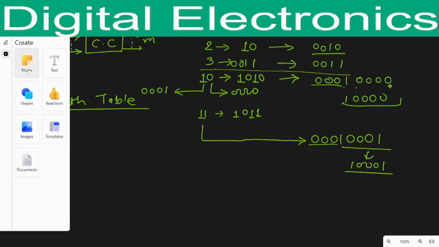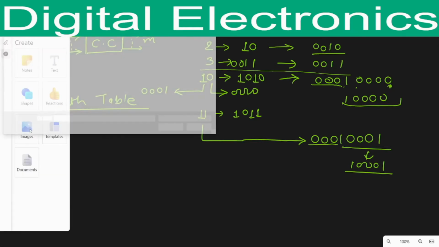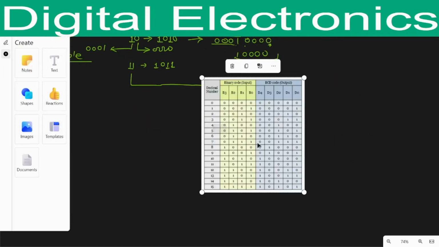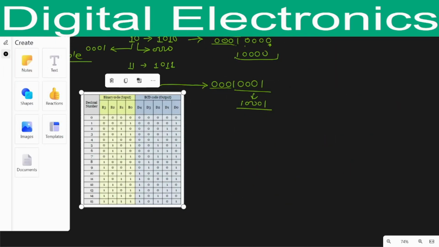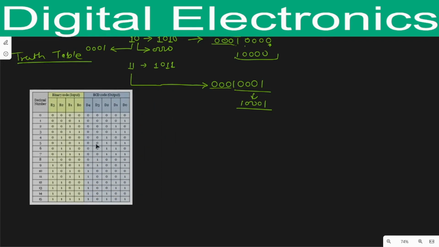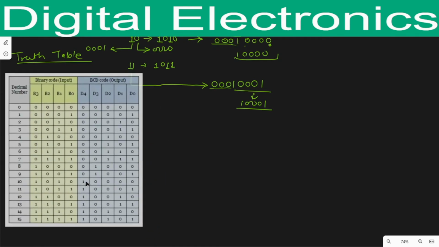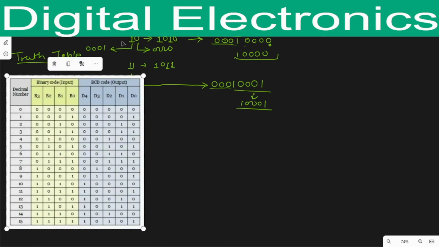So here I am making a truth table. This one is the truth table that represents binary to BCD conversion. Here in this table, you can see these four bits B3, B2, B1 and B0.